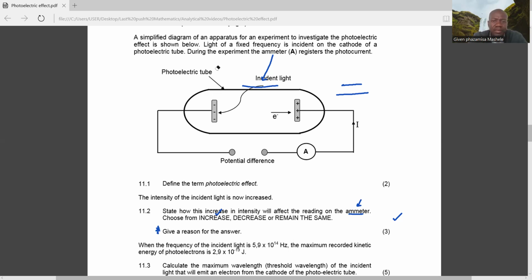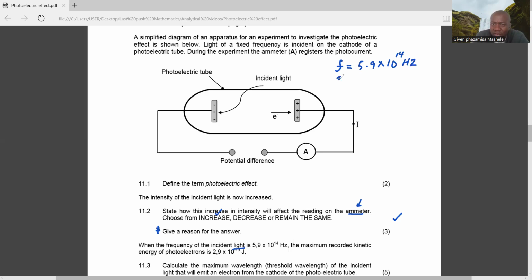Right. Then the next question says, when the frequency of the incident light, we're talking about incident light, the frequency of light, so this is the frequency of light, it's not cutoff, it's f, not f naught. So we're given f, which is 5.9 times 10 to the power 14 hertz. And when the frequency of light is this, the maximum recorded kinetic energy of photoelectrons is given by this.